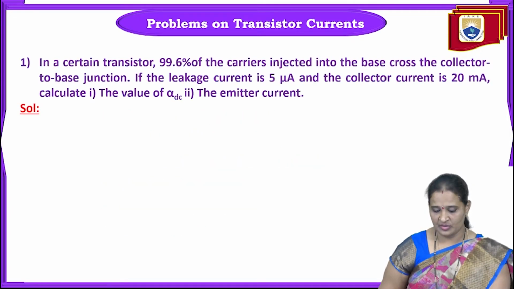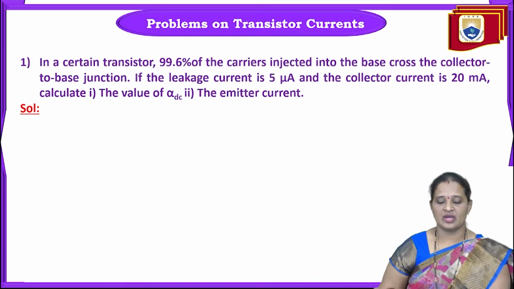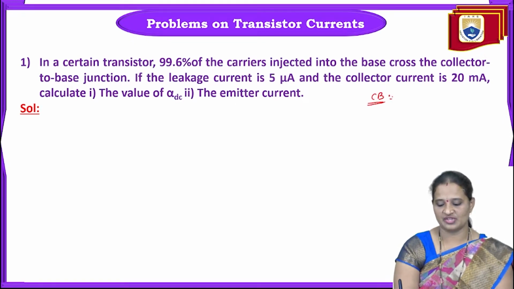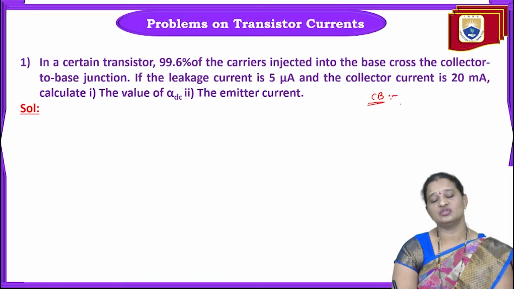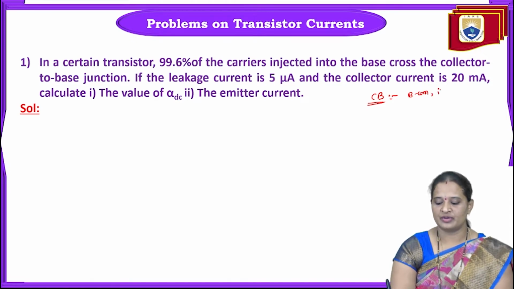So here, before going to discuss the problems on transistor current components, as we all know, the current equations in common base configuration: base is the common terminal, the input terminal is the emitter and the output terminal is the collector terminal.